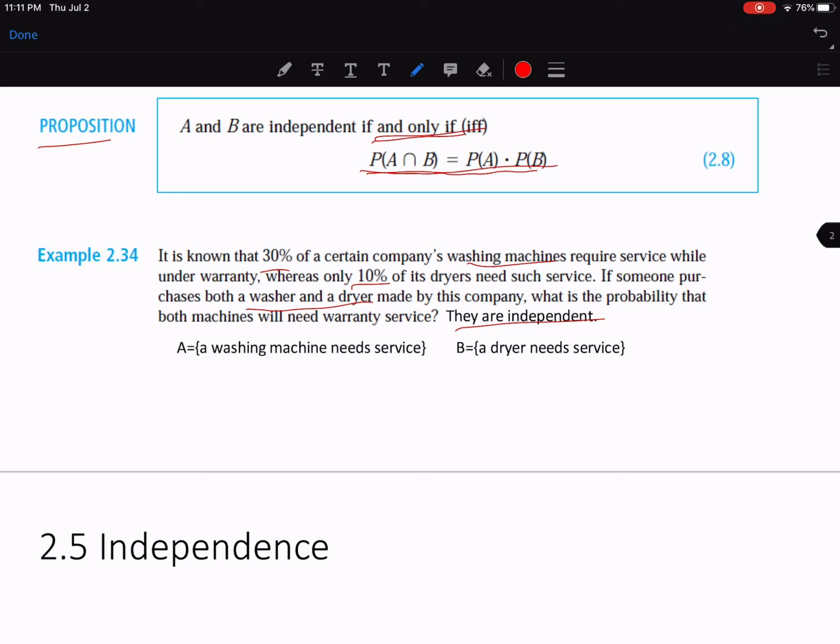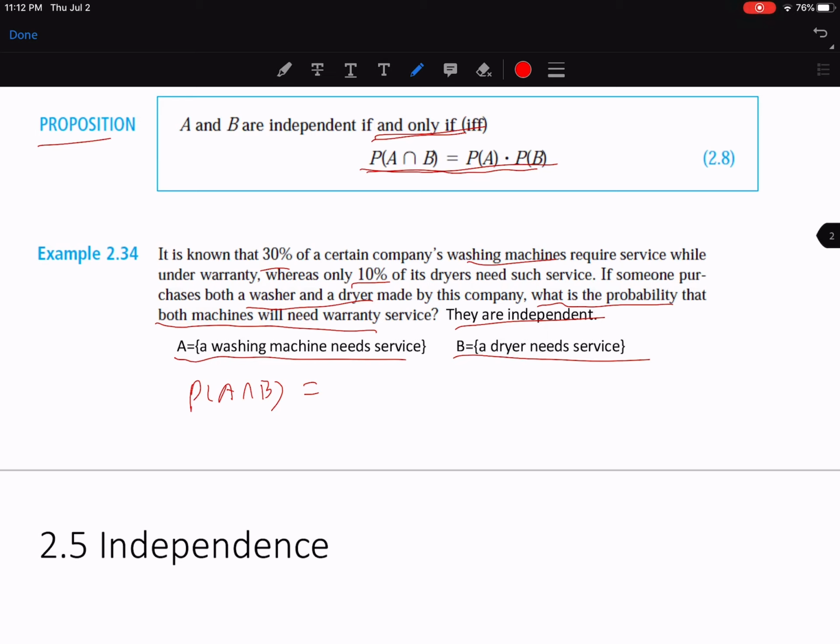So if we translate this question into probability, we're looking for the probability of A intersection B, since A and B are independent. Here, A represents a washing machine needing service, and B represents a dryer needing service. We're looking for the probability that both machines will need warranty service.